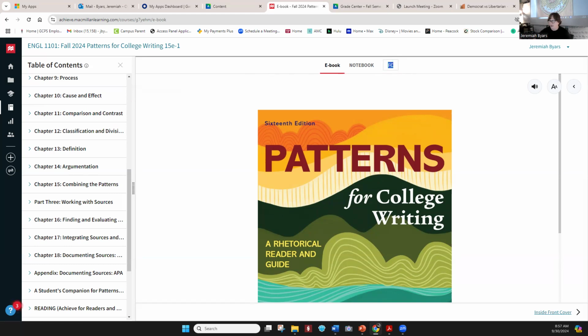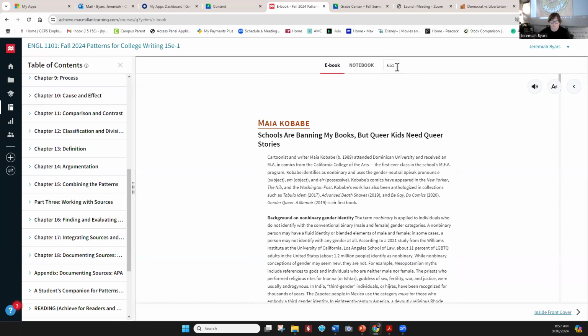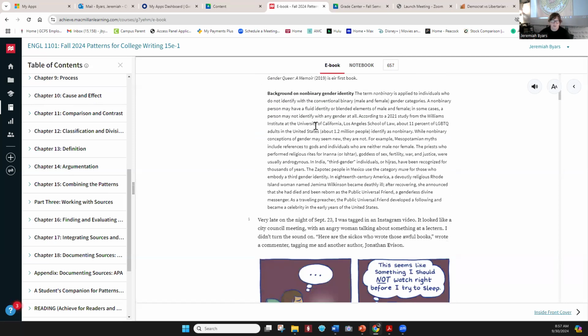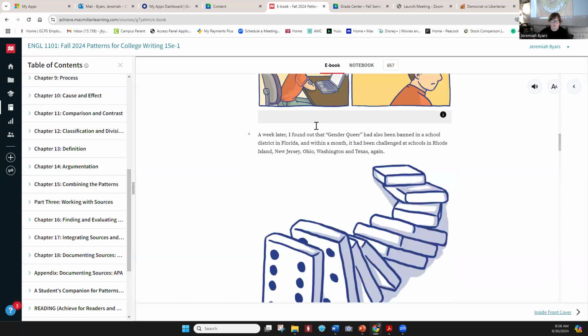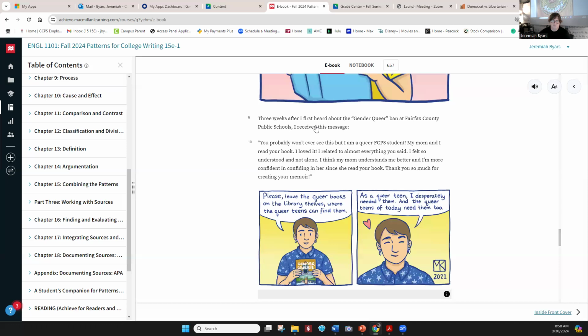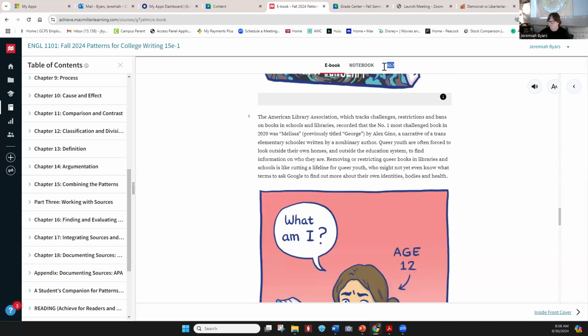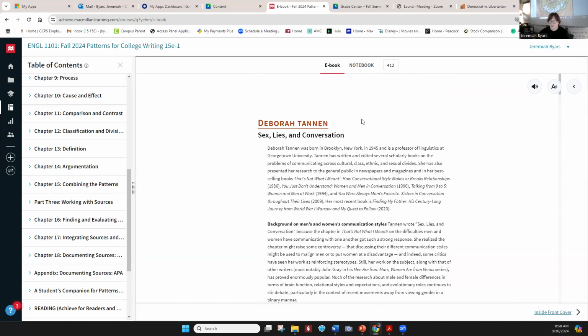So schools are banning my books, page 651. You just type in 651 and it takes you here. Schools are banning my books, but queer kids need queer stories. Read this. Then type in 412. Sex, lies, and conversation.